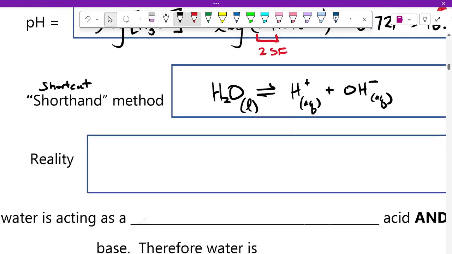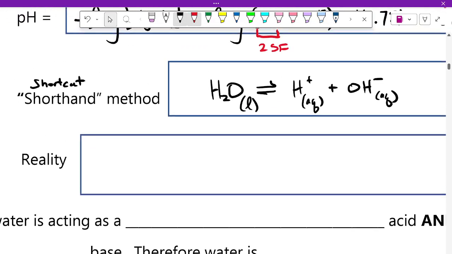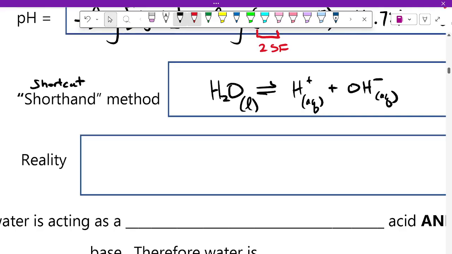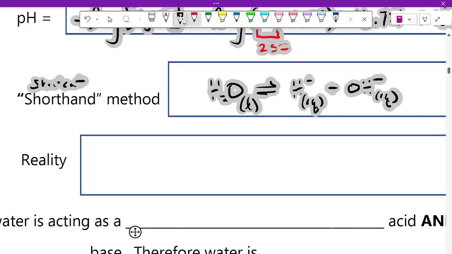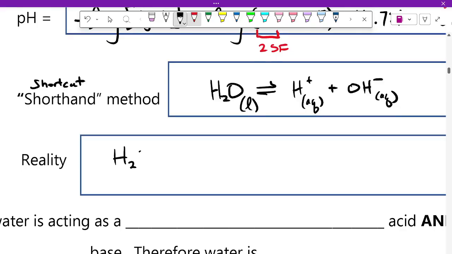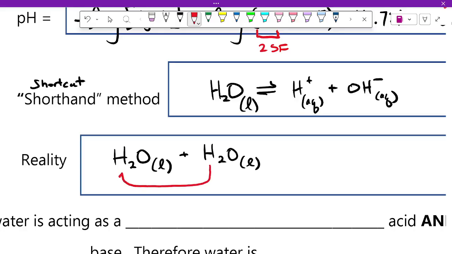Now, in reality, this is not what happens. In reality, we have one H2O molecule, and it gets together with a second H2O molecule. And one of the hydrogens from here moves over and attaches to the other water.